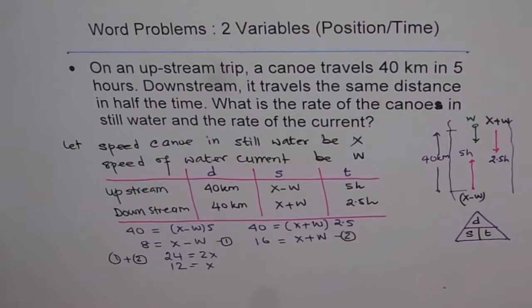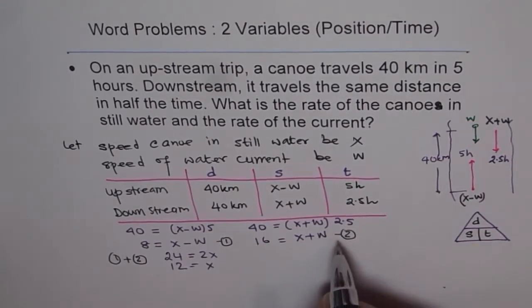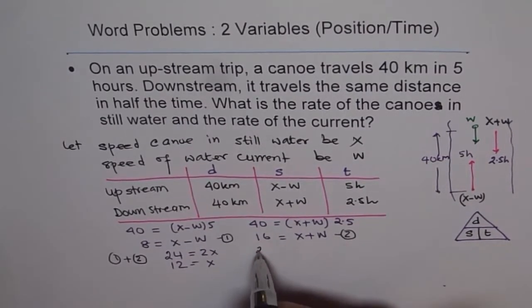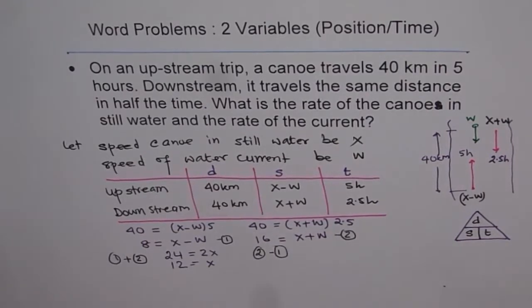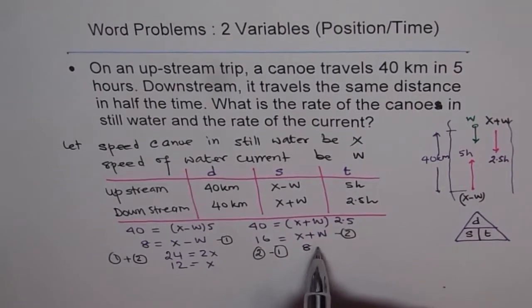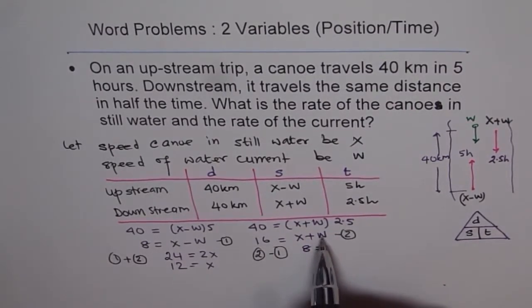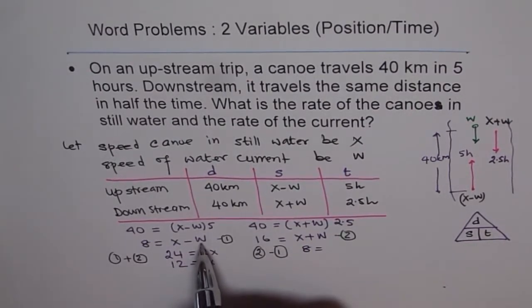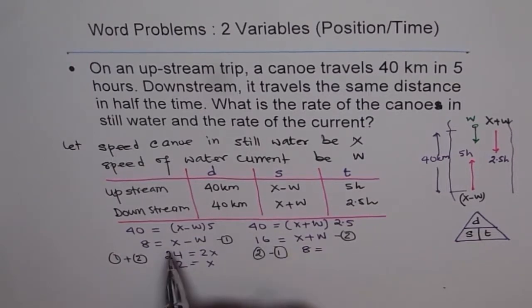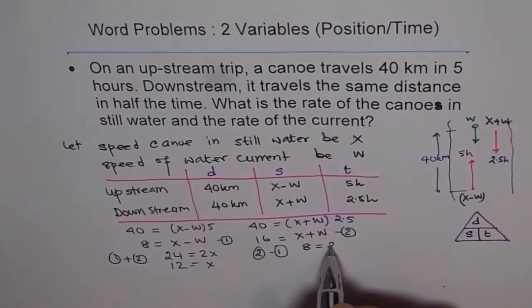But if we subtract them, that means if we do equation 2 minus 1, then what do we get? We get 16 minus 8 is 8, and w minus w will become 2w, and x minus x will be 0, so we get 2w.